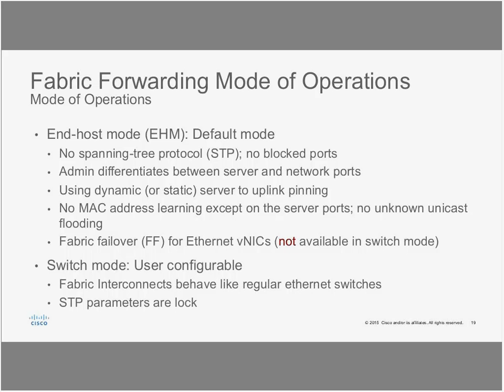In this case, if you have your FI in end-host mode, all your uplinks are non-blocking. Spanning tree does not come into play here, and all your servers are going to be dynamically pinned to your uplinks. That's why we do not need to utilize spanning tree protocol.